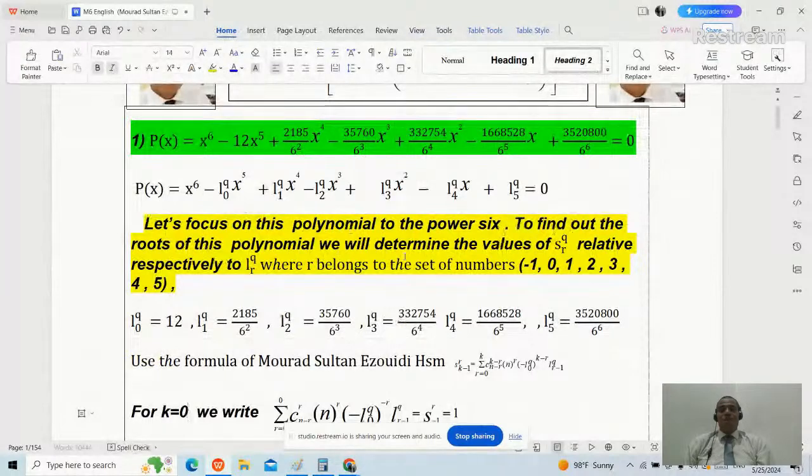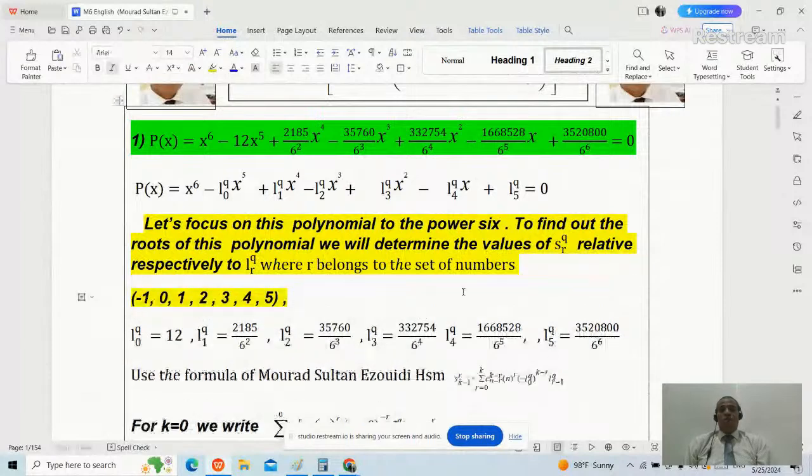We should determine the values of S_r of all the q relative to L_r of all the q, where r belongs to the set of numbers 0, 1, 2, 3, 4, 5. Here we have already given you the values of L_r of all the q respectively, in order: L0 is 12, L1 is 2185 over 6 squared, and so on.